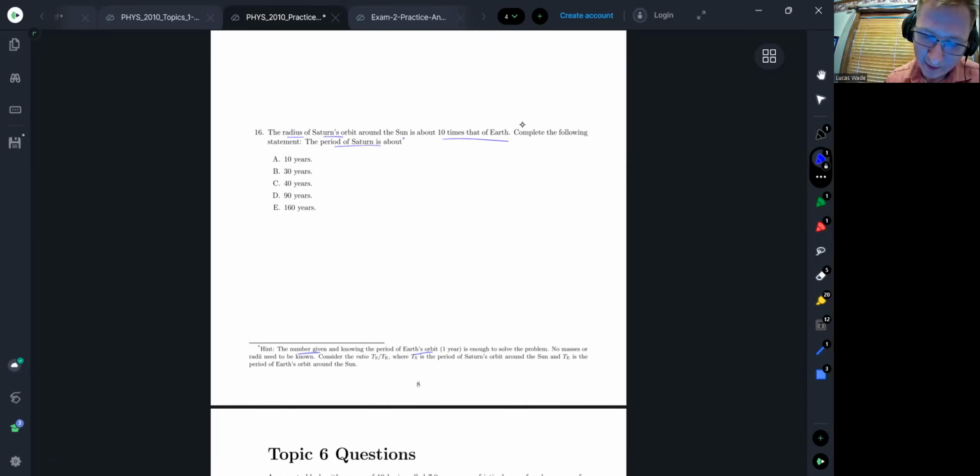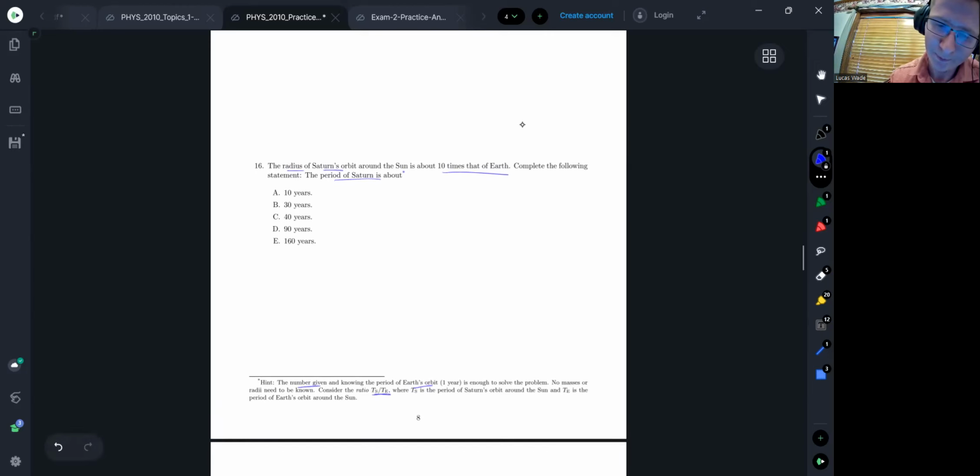The reason is, we'll think about this ratio of the period of Saturn to the period of Earth's orbit around the sun. So the picture may not strictly be necessary here, but let's make it more fun. So we've got Earth and then some considerably larger distance for the orbit of Saturn.